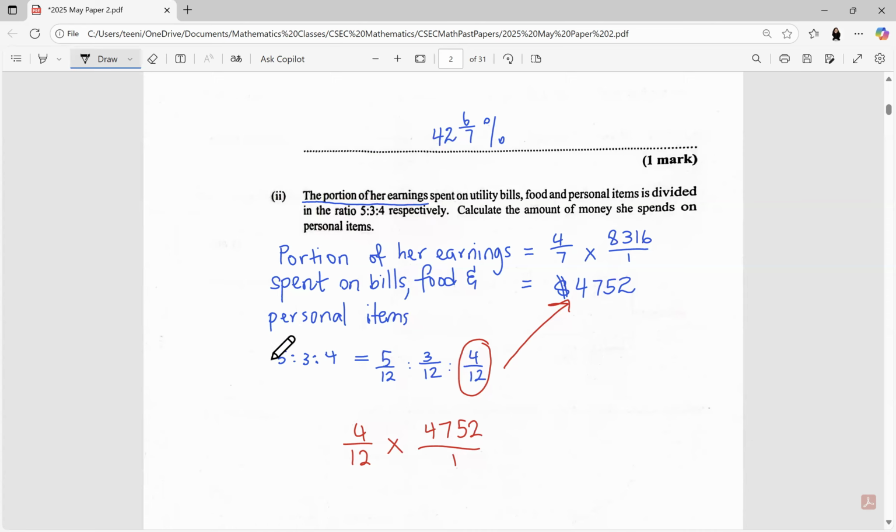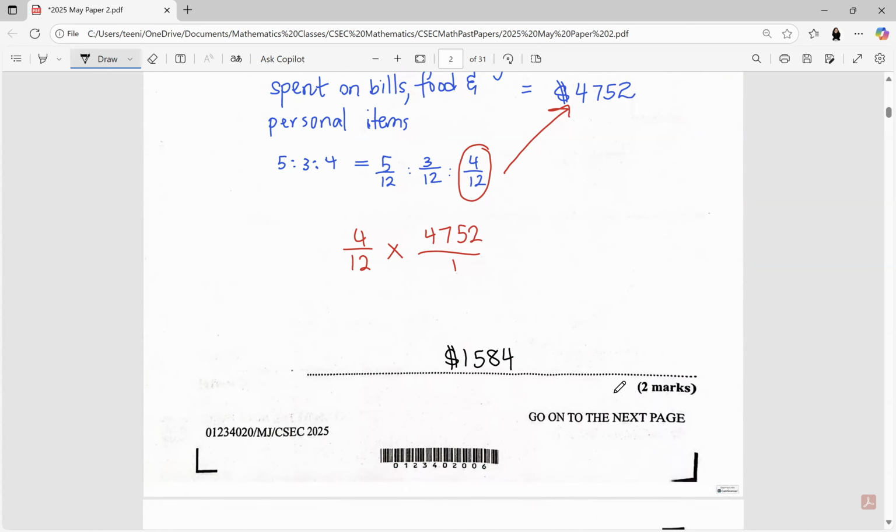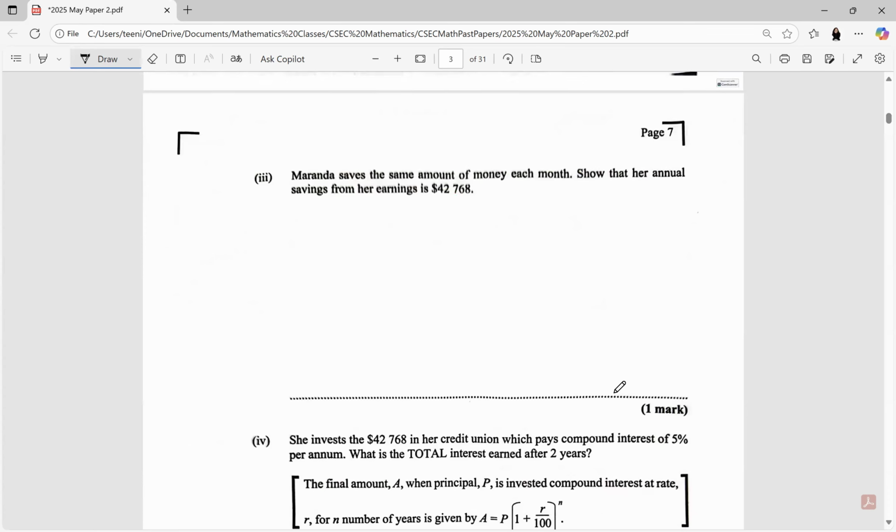And therefore, 5/12 would represent the amount of money spent on utility bills, 3/12 would be the amount spent on food, and 4/12 is dedicated to personal items, which we need to find out the actual amount of money. So we did 4/12 of the total portion of money to get our answer, 1,584.